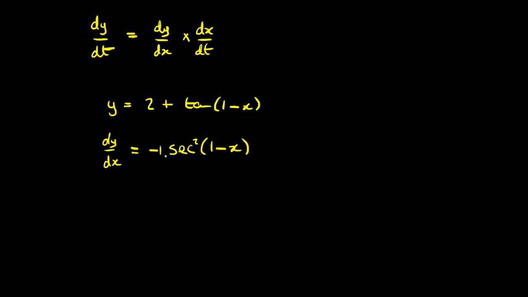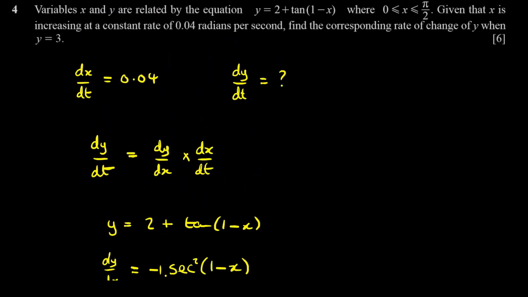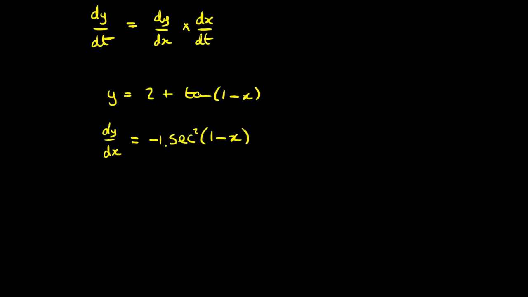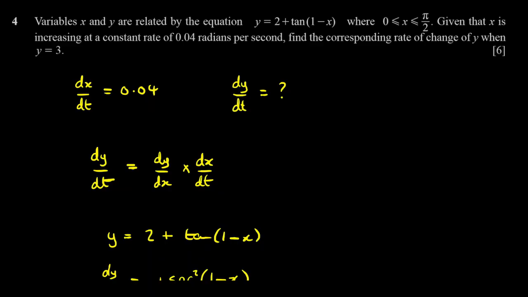Well, all right. The question says we are interested in finding the rate of change of y when y is equal to 3. Well, that's going to be a little bit awkward, isn't it? Because we can't substitute y is equal to 3 into here because this is an x value. So what we need to do is find out what the value of x is when y is equal to 3. In order to do that, we've got to substitute y is equal to 3 into here, and rearrange to find x.